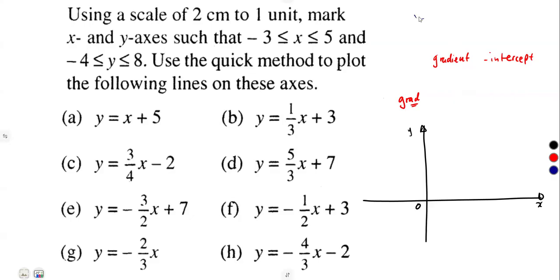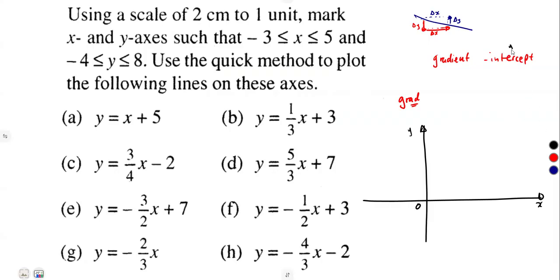Remember, gradient is the change in y over the change in x. When you have a point, the starting point is the y-intercept.